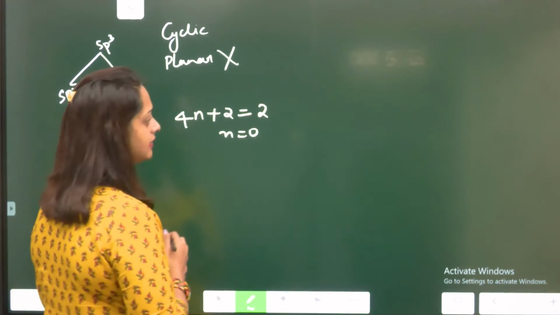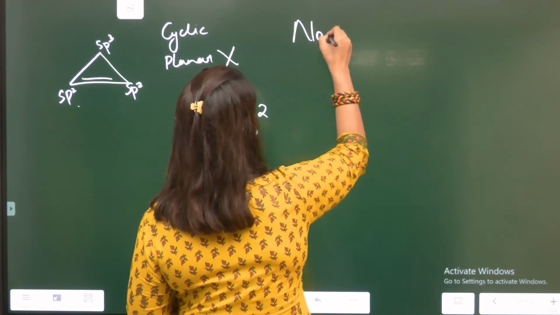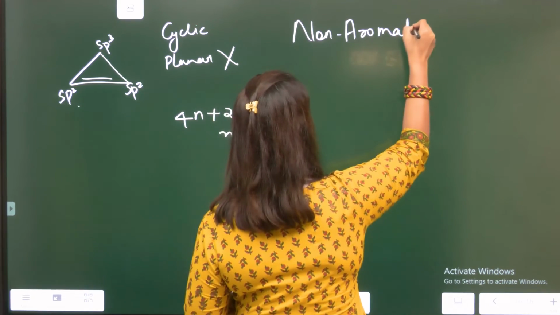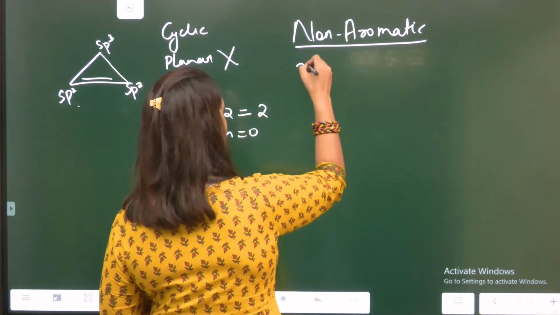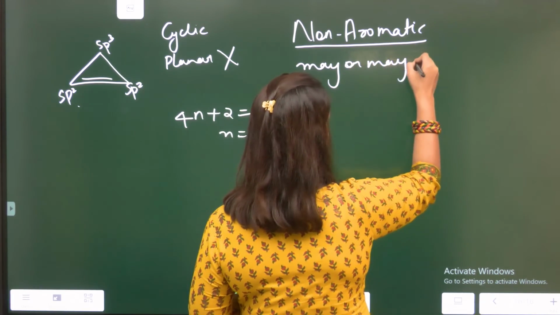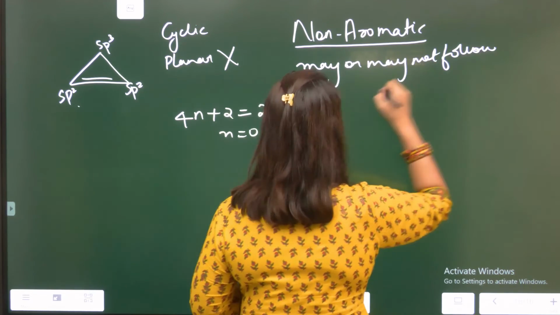So there comes the third category. What is the third category? Non-aromatic. Non-aromatic are those compounds which may or may not follow Huckel's rule.